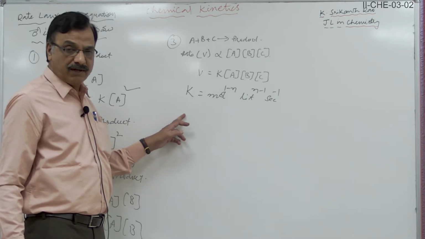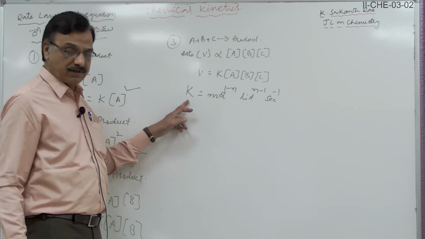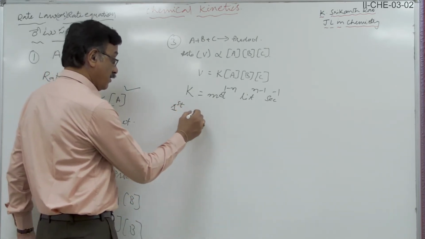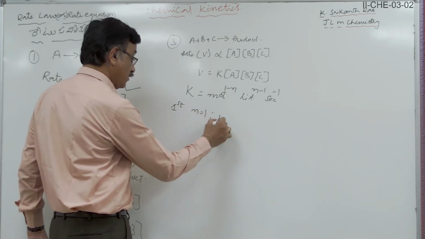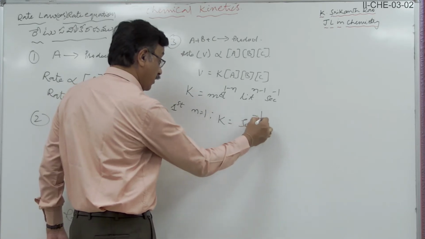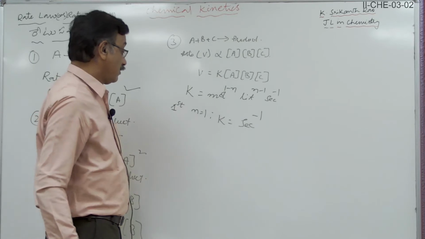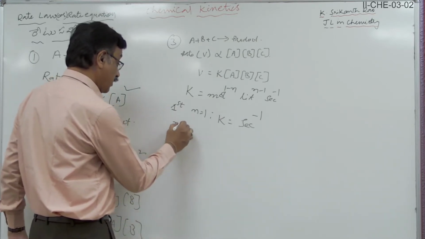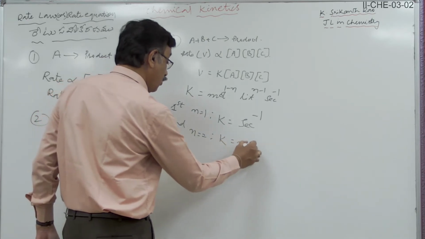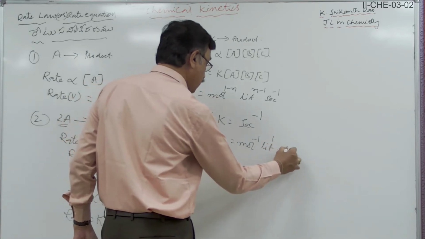Depending on the order of the reaction, we can express the K value for the different equations. For example, first order reaction, n equal to 1, so K has the units second minus 1. For the second order reaction, n equal to 2, the units are mol^-1 L s^-1.